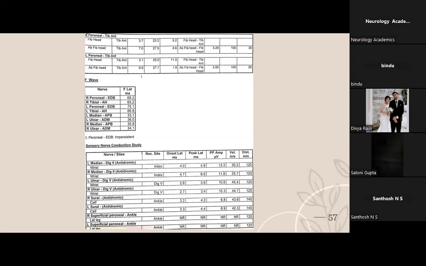Final localization: the patient is having a left peroneal focal demyelination. Along with that, bilateral superficial peroneal is absent.